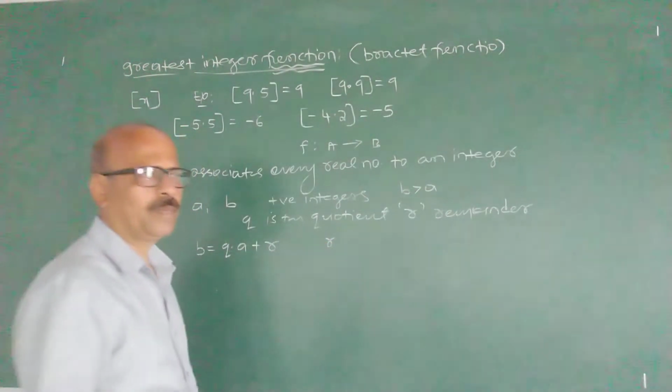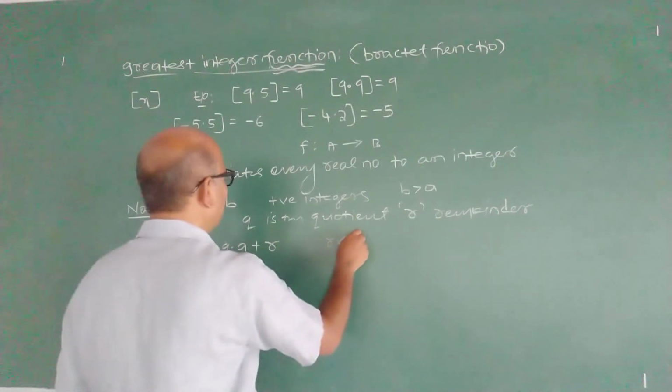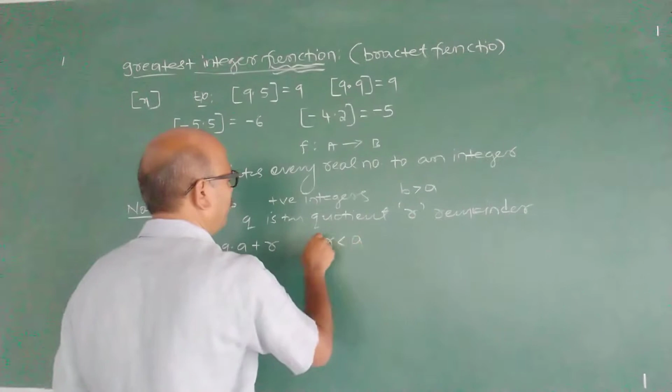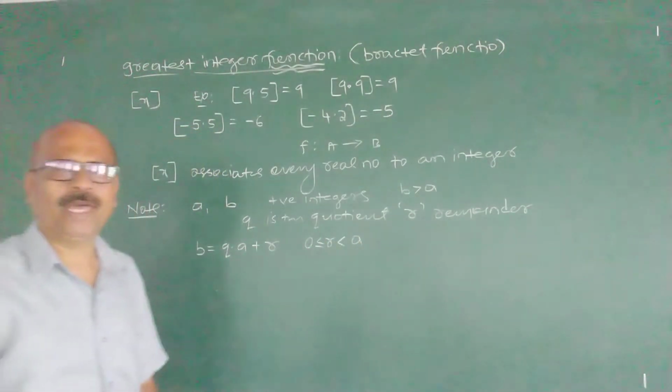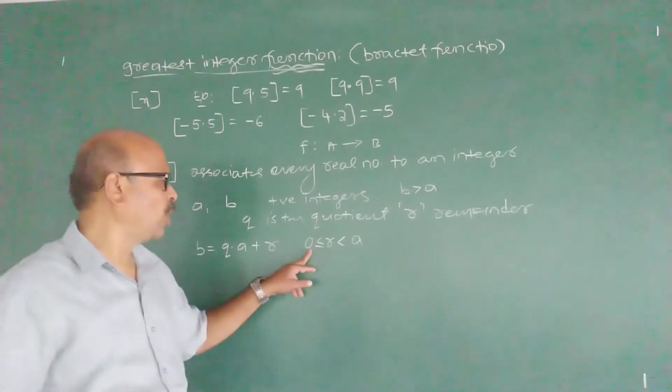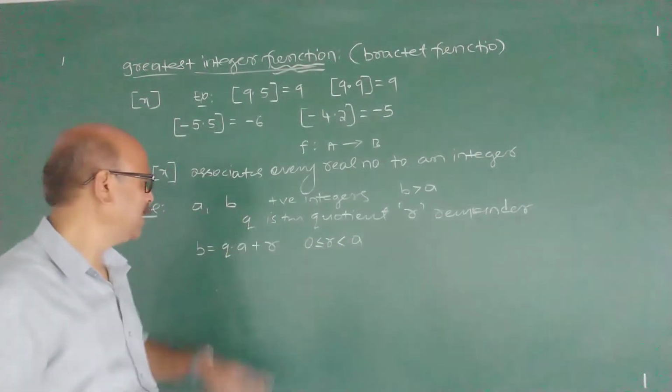We use Euclid's algorithm. R must be greater than or equal to 0 and less than A. We use such divisions where the remainder must be non-negative and less than the divisor. Divisor is A here.